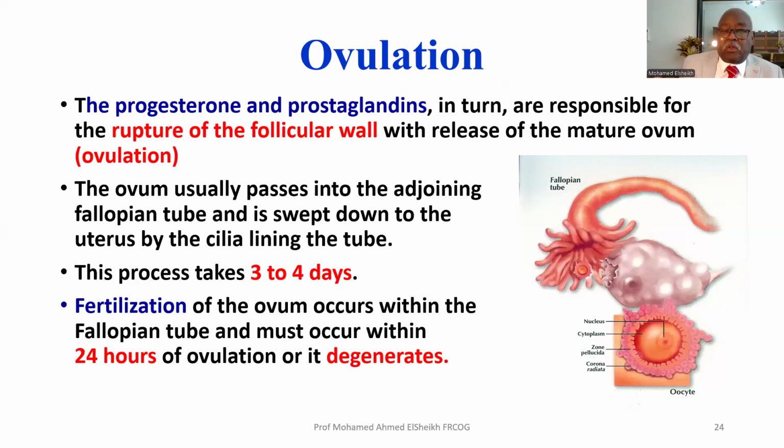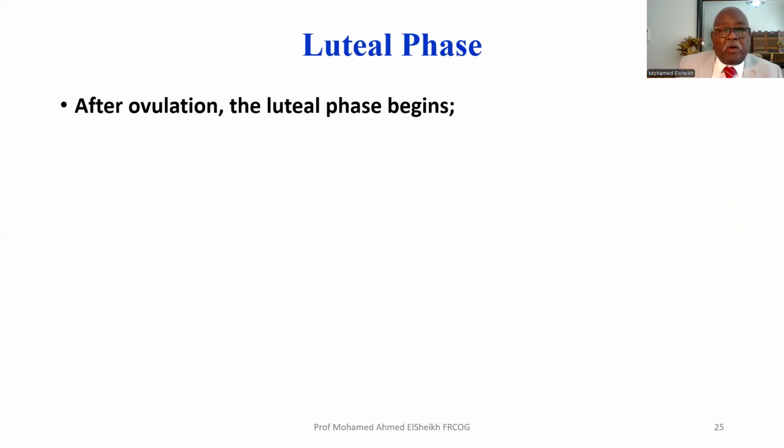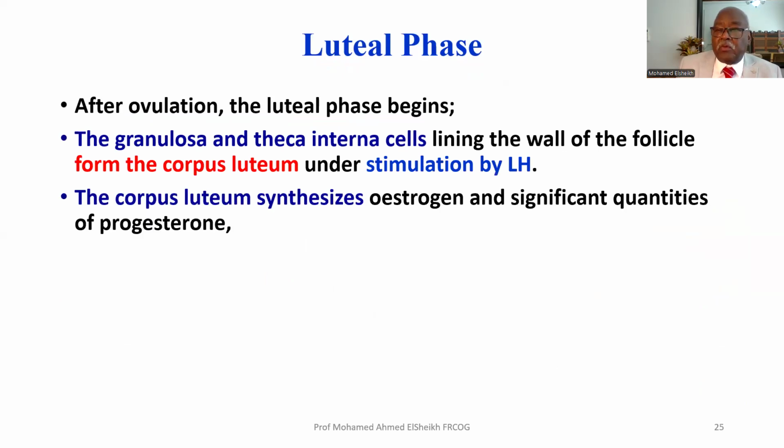So the process it takes to come down to the uterine cavity, if it is not fertilized, will be about 3 to 4 days. While on the other hand, if it is fertilized, that takes place in the fallopian tube, usually within 24 hours of ovulation. So after that follicular phase and ovulation, we go into the luteal phase.